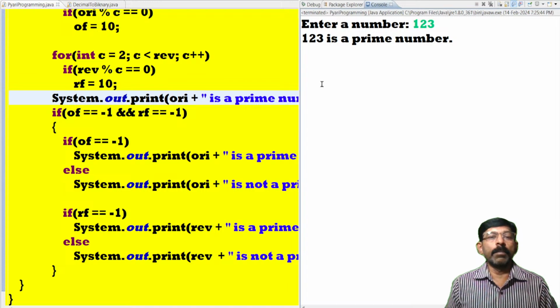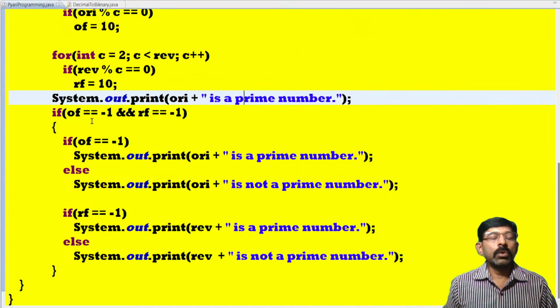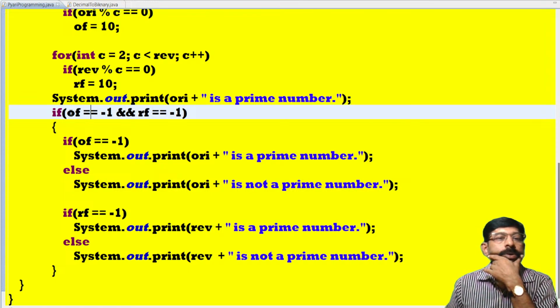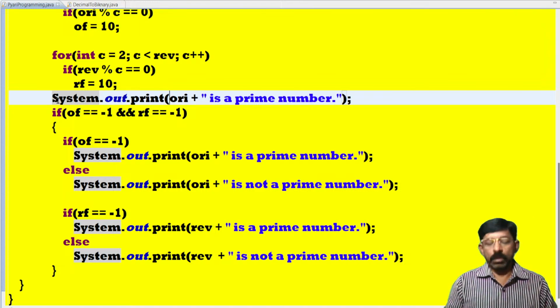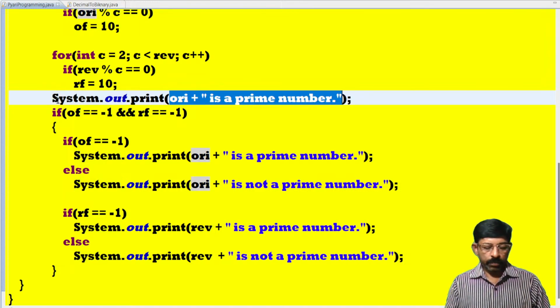123 is a prime number. So here the original flag says it is a prime number. I think by mistake I did some problem somewhere.